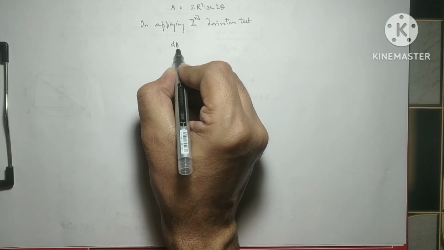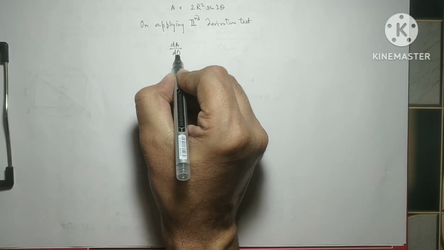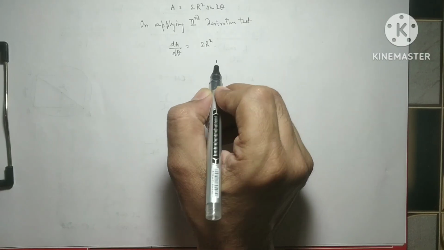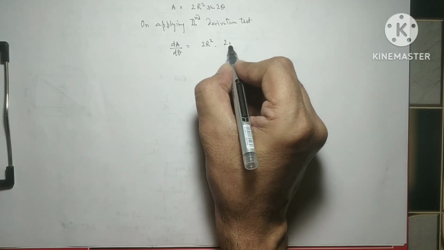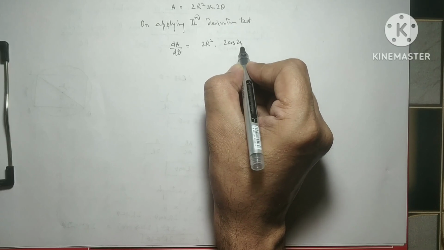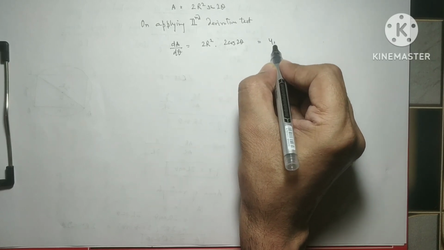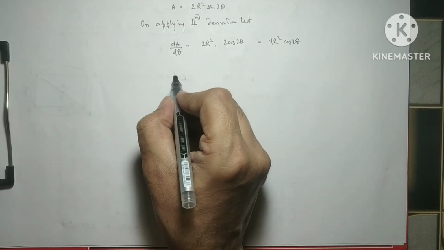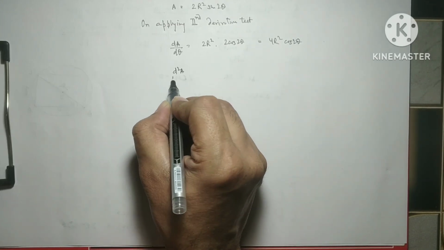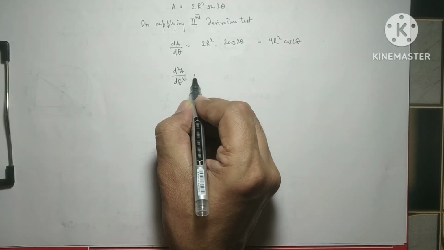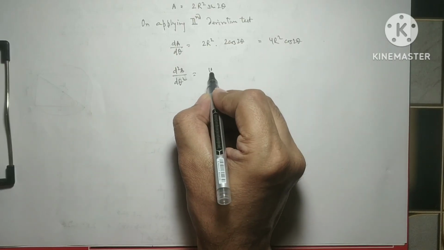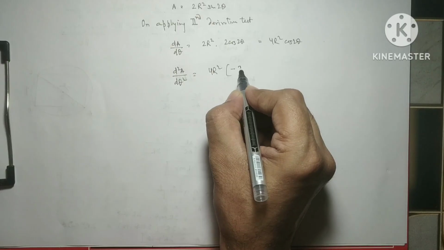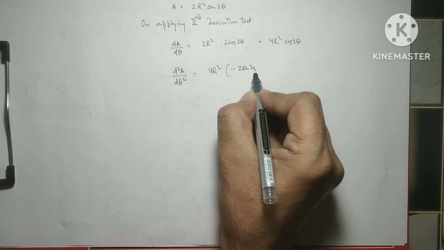On applying the second derivative test, dA over d theta will be 2r square, a constant, times 2 cos 2 theta, that is 4r square cos 2 theta. And the second derivative will be 4r square times the differentiation of cos 2 theta, which is minus 2 sin 2 theta.